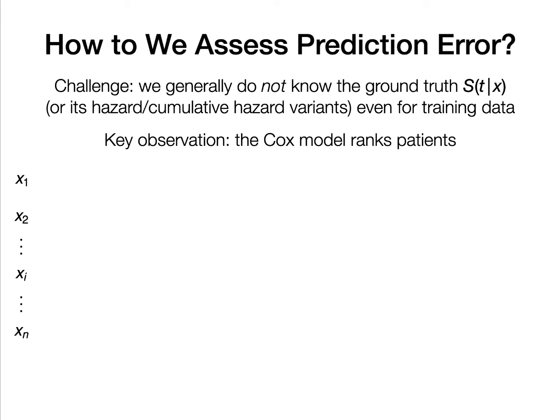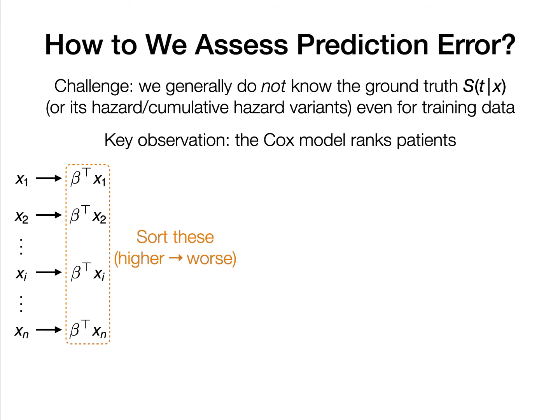What do I mean by this? For our training data, the feature vectors x1 all the way to xn, after you learn the Cox model, we're ranking patients by beta transpose of xi, the beta transpose of the feature vector, where higher means shorter survival time or worse outcome.